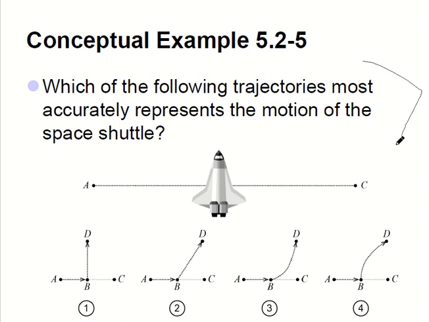And now you are presented with this problem: which of the following trajectories most accurately represents the motion of that space shuttle? The engine is going to engage up to the point B, halfway, and your thrust is perpendicular, and you have to choose which one is the trajectory. Trajectory means the path that this spaceship is going to take.